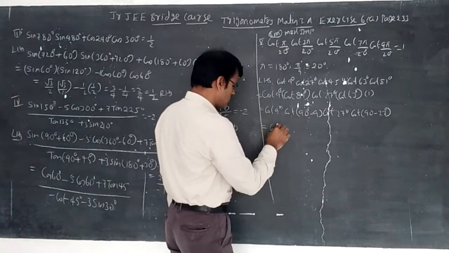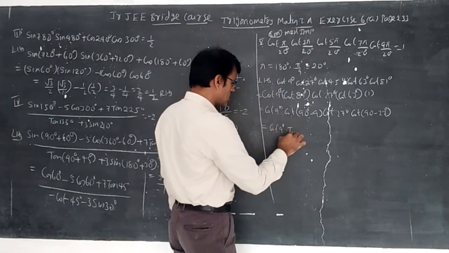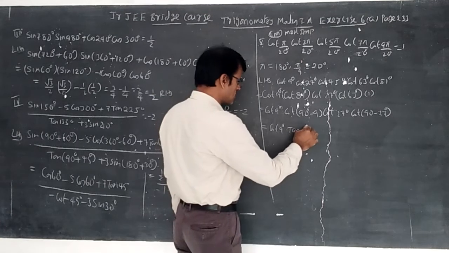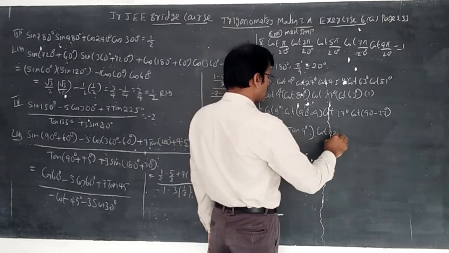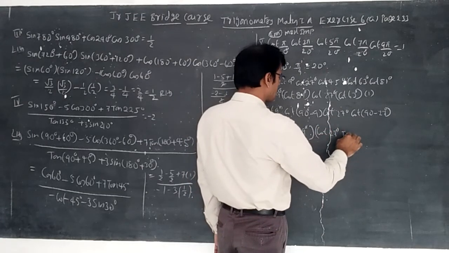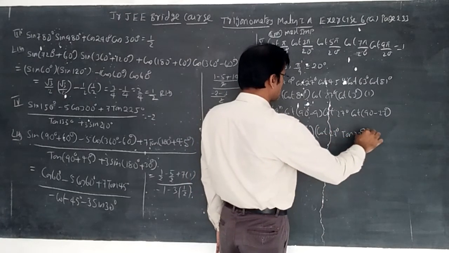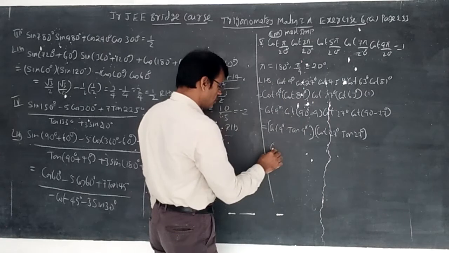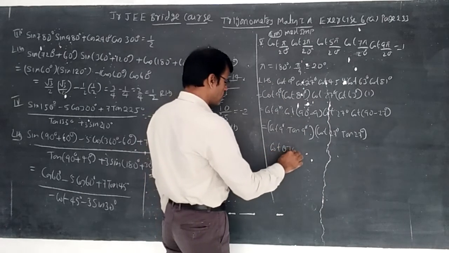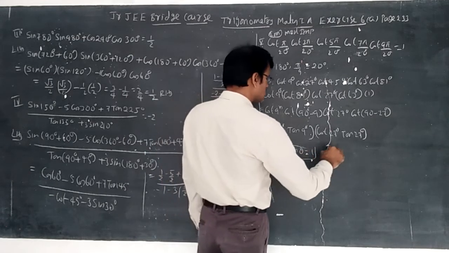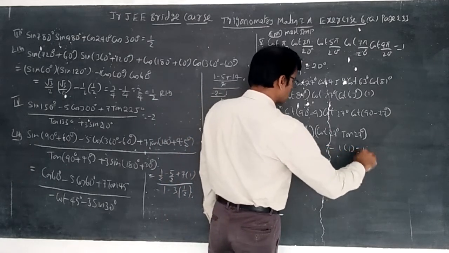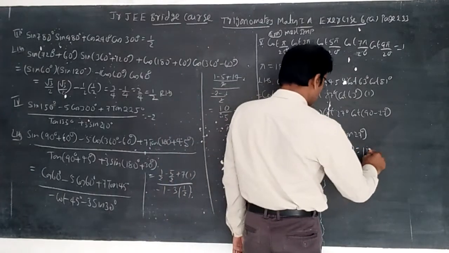So cot 9 degrees into cot of 90 minus theta is tan theta, it is tan 9. This is also cot 27 into cot of 90 minus theta is tan theta, it is tan 27. We know the formula cot theta into tan theta is equal to 1. So that is equal here: 1 into 1 becomes 1. It is RHS.